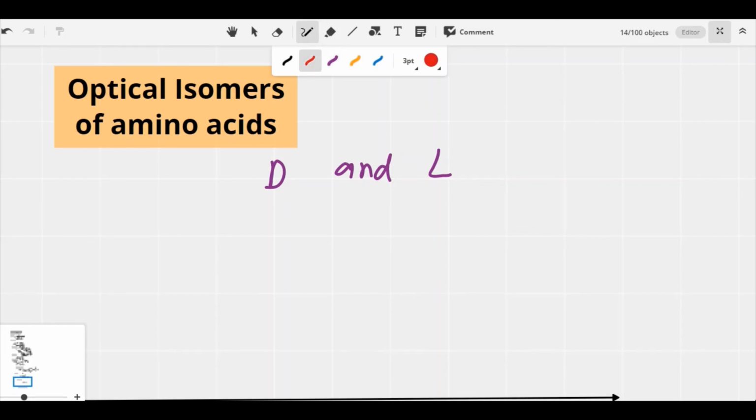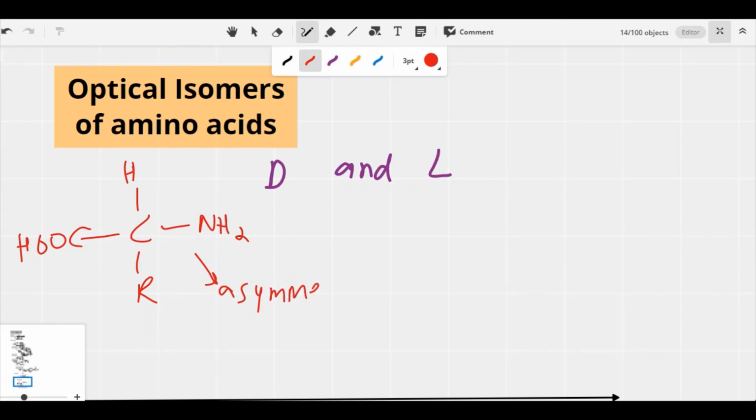You can see the alpha carbon is attached to four different groups, so that's why it is asymmetric, and therefore it will show optical isomerism.